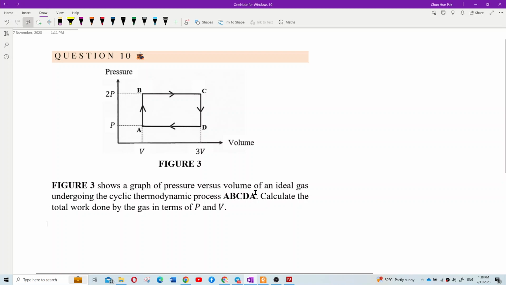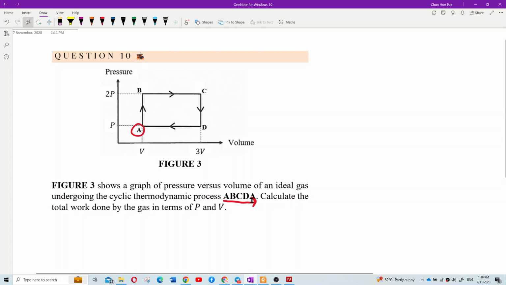A, B, C, D, A. Be careful, A first, then B, then C, then D, then A. So it start from where? It start from A. Then it go to B, go to C, go to D, go back to A.